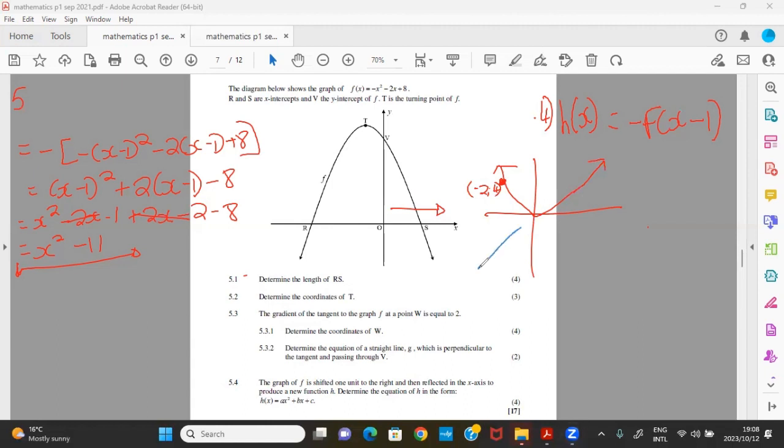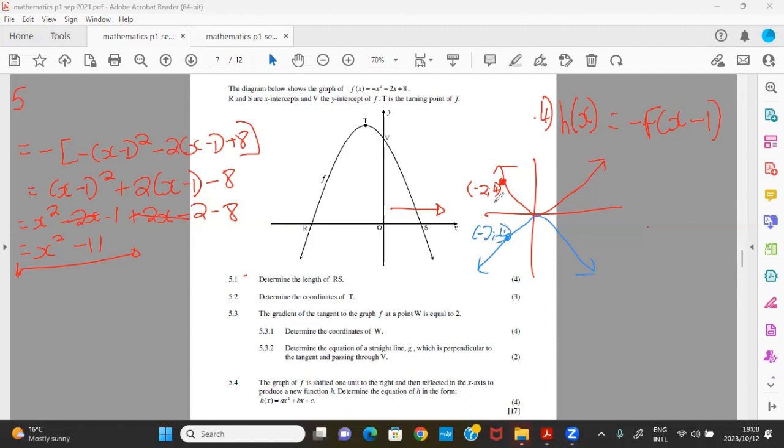When I reflect, reflection is like a mirror image, right? So what will that point be now? Minus 2 and minus 4. Negative 2 and negative 4, exactly.